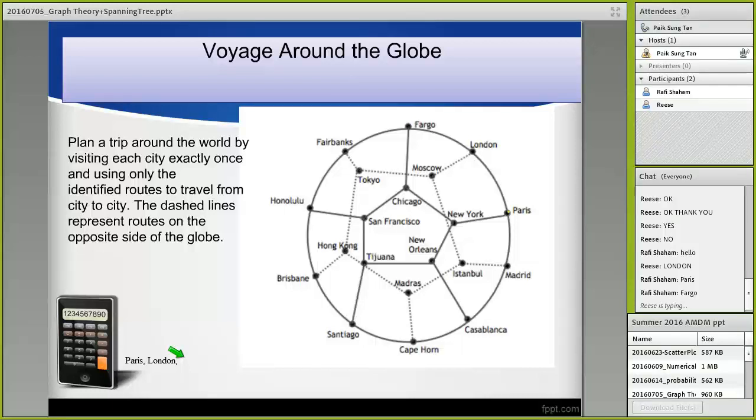It has to be connected to Fargo. You can go to Chicago or Fairbanks. So here are two choices. Fairbanks, okay. Then where else should I go next? In Fairbanks, you can go to Tokyo or Honolulu.